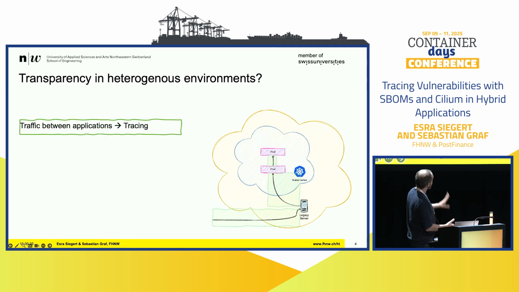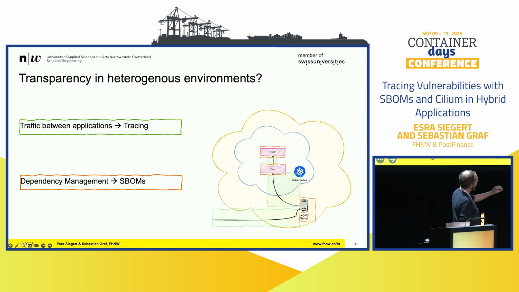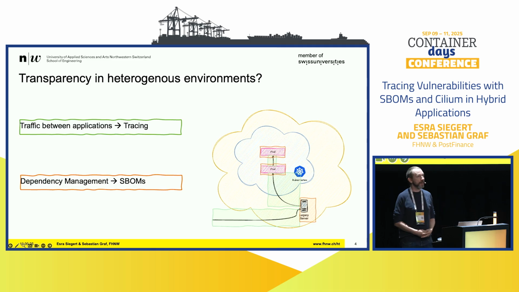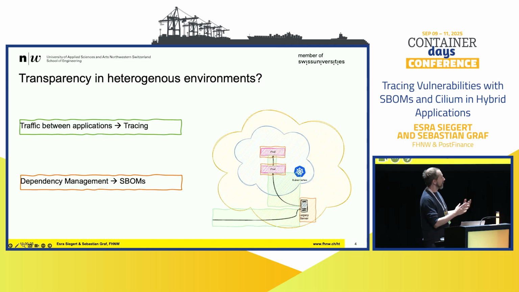The second aspect we have to take into account is SBOMs. And SBOMs on your pods are quite easy as well. You have your CI/CD pipeline and your tool set over there. You generate your OCI image, you auto-generate your SBOMs with various tools, and you can just scan them, whatever.